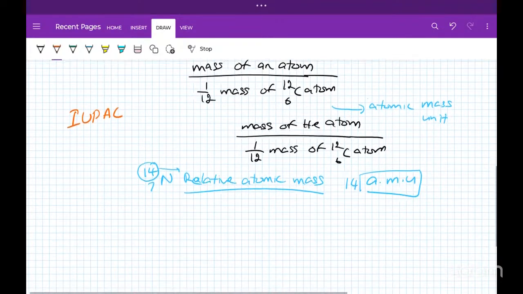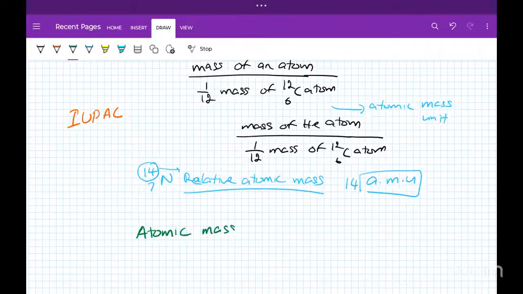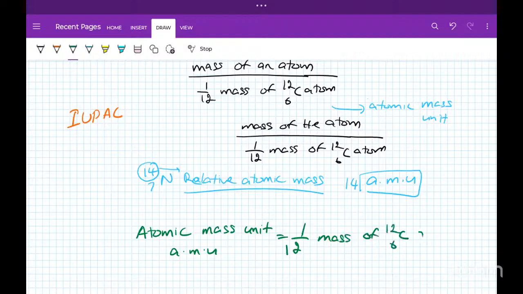In the next line, atomic mass unit, AMU, equals 1/12 of the mass of the C612 atom.